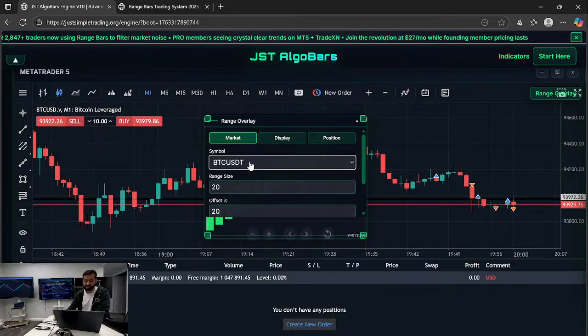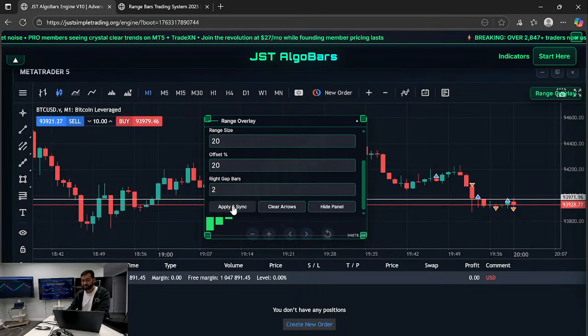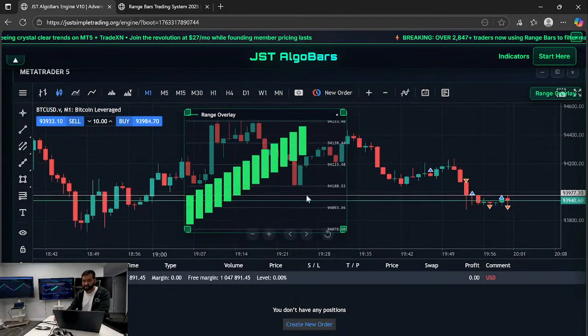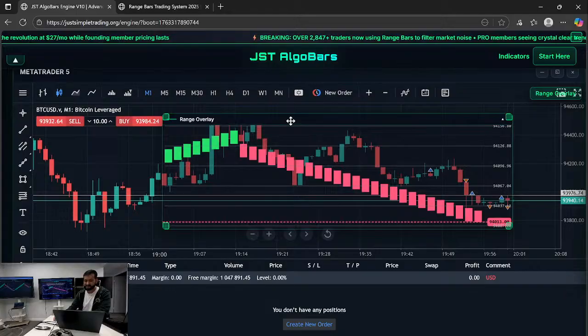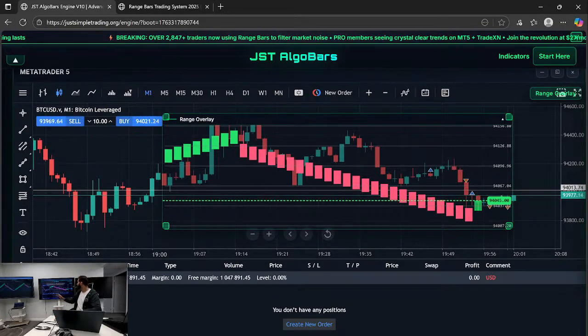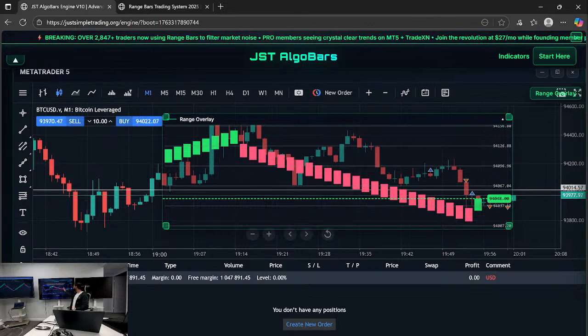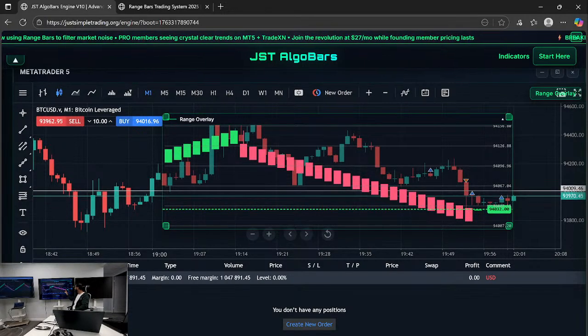So BTC, range size 20, offset 20, and then just apply, and there you go. Now we can place the range bars right here on our time-based candles. And what that does is now we're not being distracted by what's happening in the back. Now we can very simply just look at the range bars.